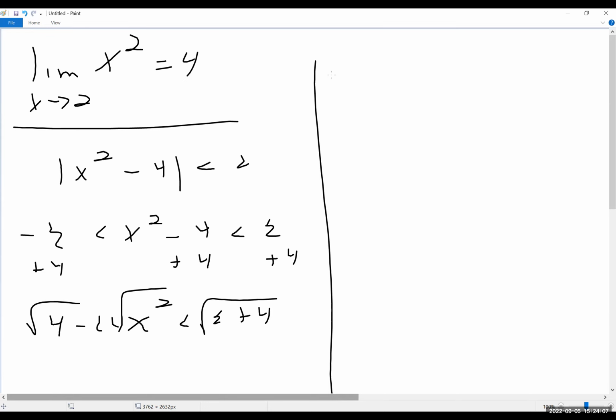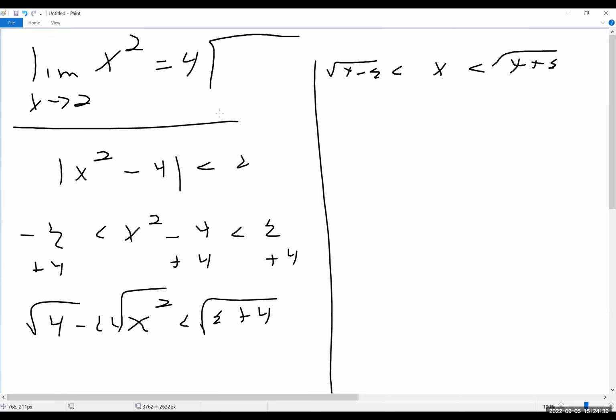But I've got the square root of 4 minus epsilon is less than x, which is less than the square root of 4 plus epsilon.